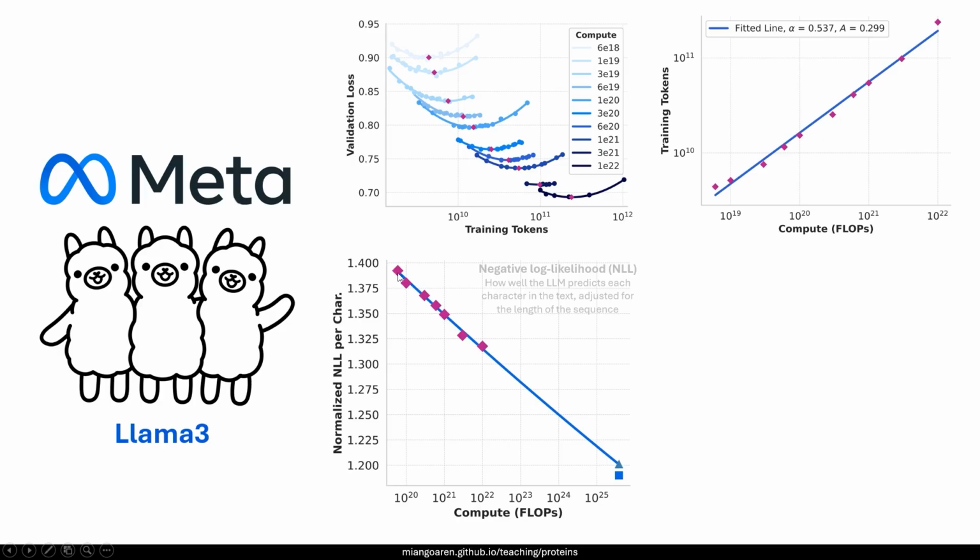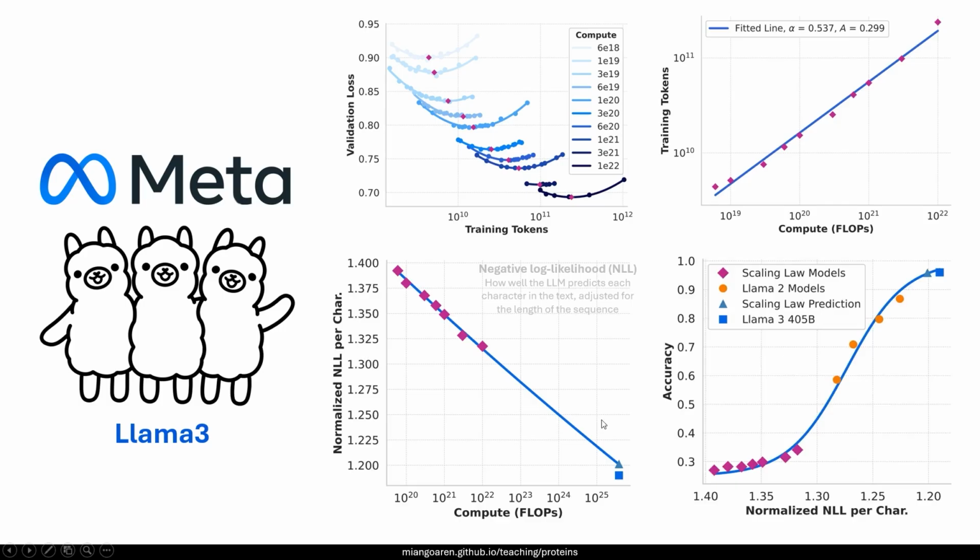So what we observe is that how well a particular token is predicted also goes hand in hand with the computing capabilities. Then again, we can fit another regression to relate these two variables and thus predict, if we scale the model to, I don't know, 400 billion parameters, what amount of computation and what amount of data we need to reach the point of predicting the next most probable, most adequate token.